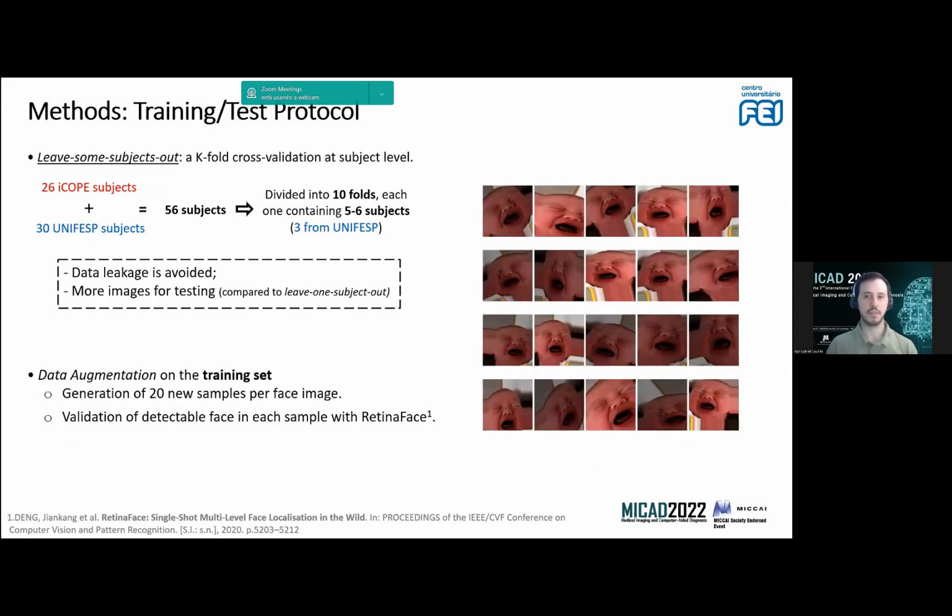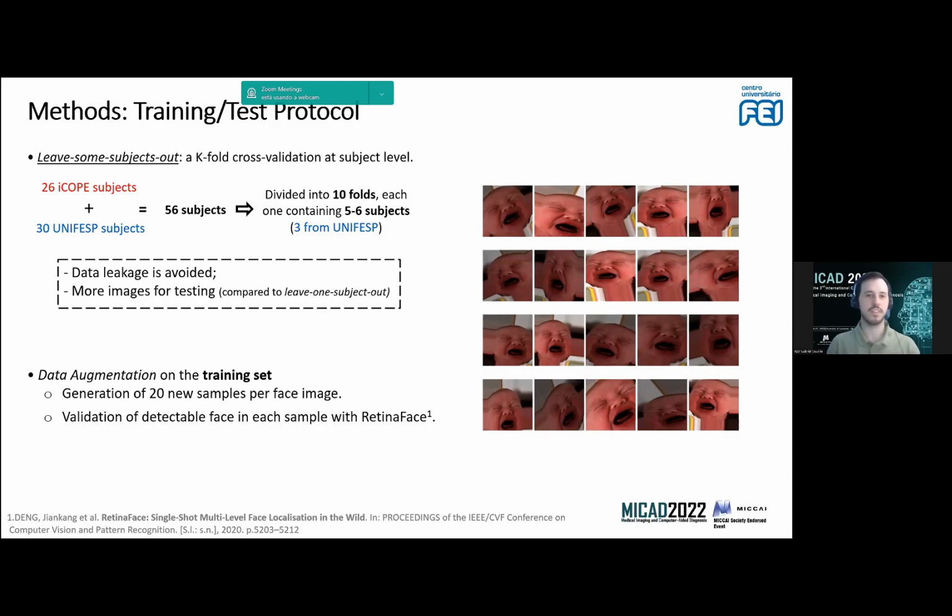All the CNNs were trained and tested using the following protocol, which we are calling leave some subjects out. Actually, that is a k-fold cross-validation at subject level. By uniting the two datasets, we had a total of 56 subjects divided into 10 folds, each one containing 5 to 6 subjects, and 3 are always from UNIFESP in order to maintain the balance within the folds.